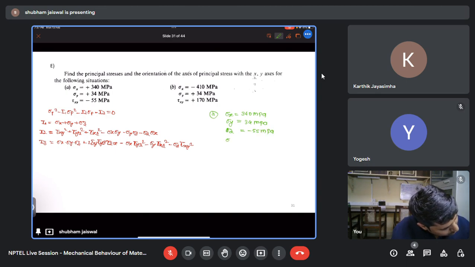Tau xy, tau yz and tau xz are equal to 0. So here you can see these terms become 0, and all the remaining terms become 0.